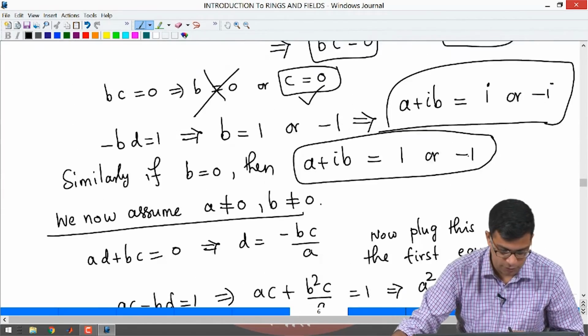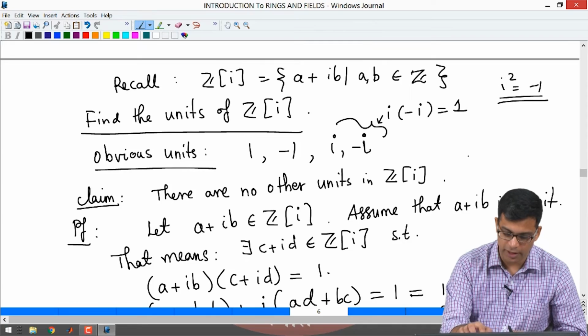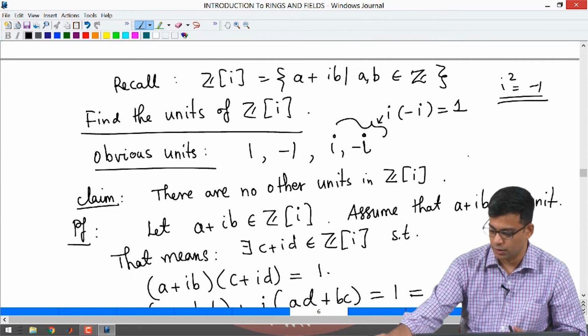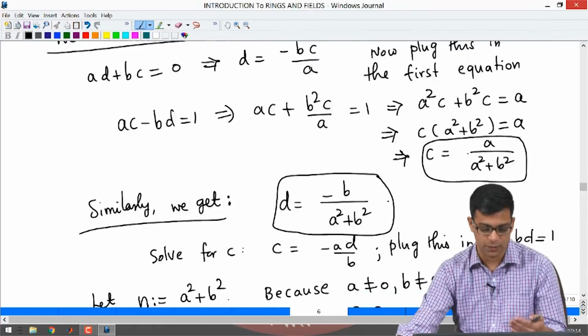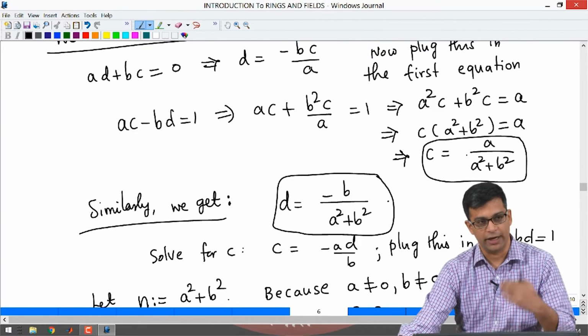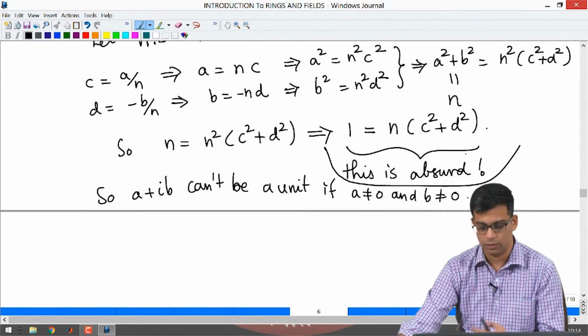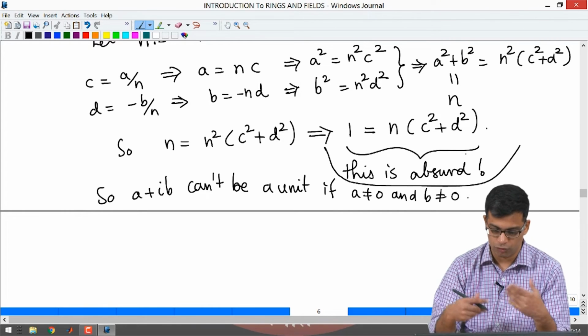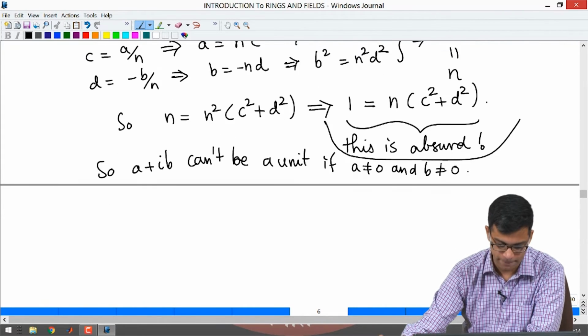The claim was the only units in Z[i] are 1, minus 1, i, minus i. Okay. So, this is just a computation. I wanted to do this because in this course the idea is also to do various computations, with the hope that you get comfortable with doing computations in ring theory.